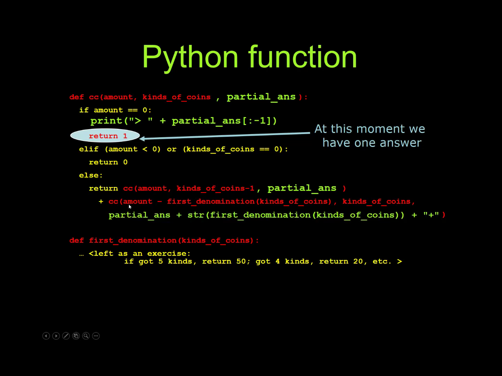On the other hand, if you have used one coin to be part of your solutions, then your partial solution should have that coin to be a part of the solutions. That's why this is plus string concatenations of this kind of coin, which is 50, 20, 10, 5, and 1, depending on what you use, plus additional plus, which we are going to remove at the very end.